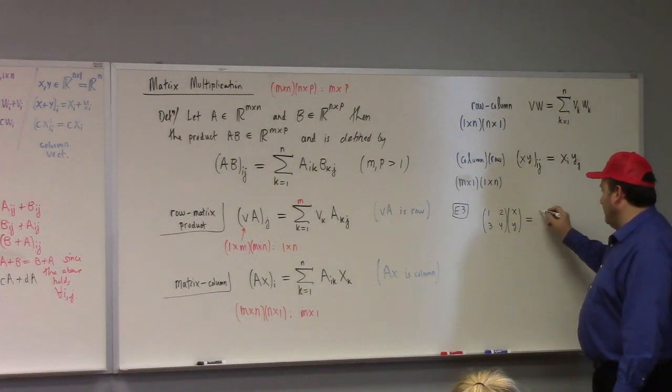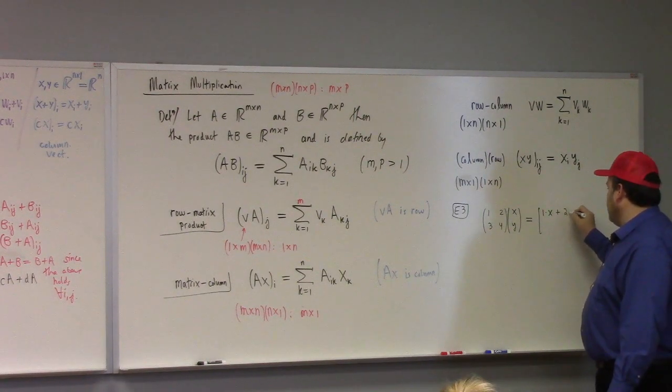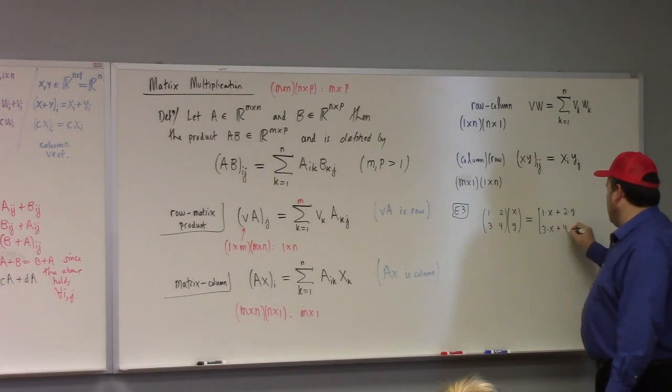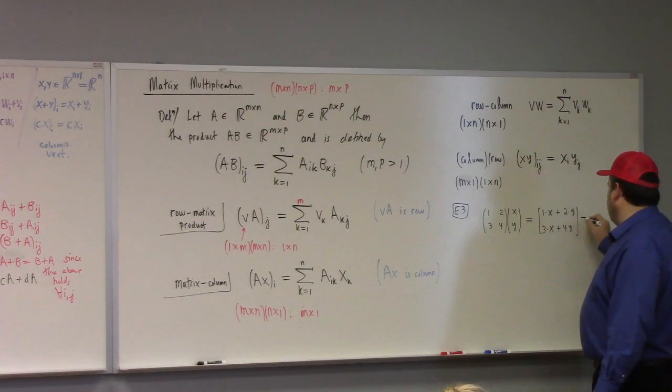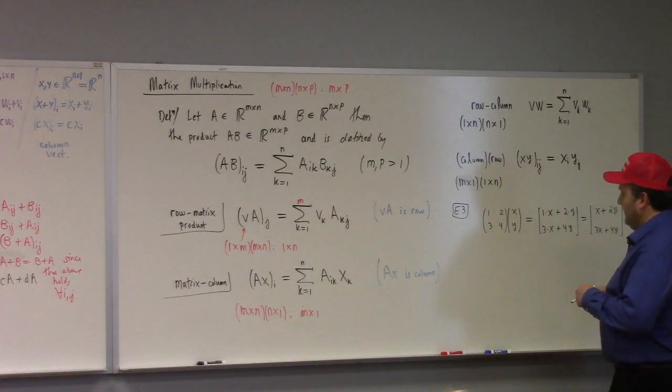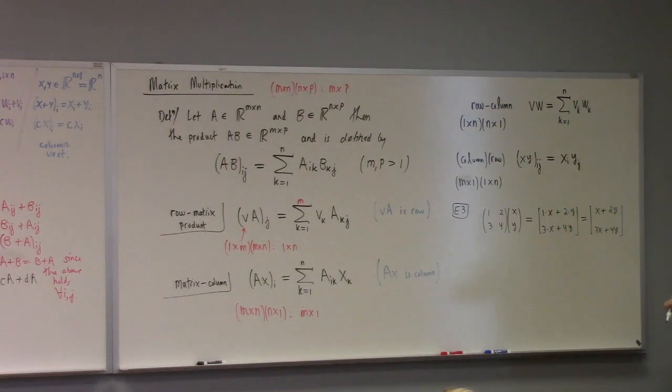And what this gives me is 1 times x plus 2 times y, and 3 times x plus 4 times y, or if you like, x plus 2y and 3x plus 4y. So that's an example of a 2 by 2 times a 2 by 1, giving me another 2 by 1.